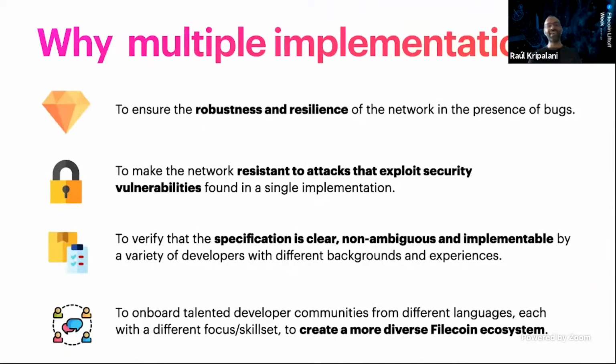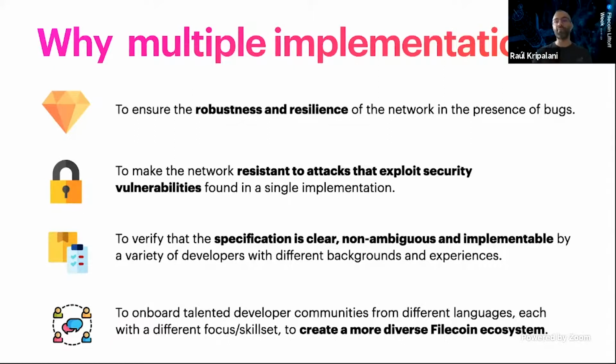So the first thing that I wanted to make sure that we're on the same page about is why multiple implementations are important for a protocol like Filecoin. First of all, having multiple implementations allows us to ensure that the network remains robust and resilient in the presence of bugs, especially bugs that are present in a single implementation.